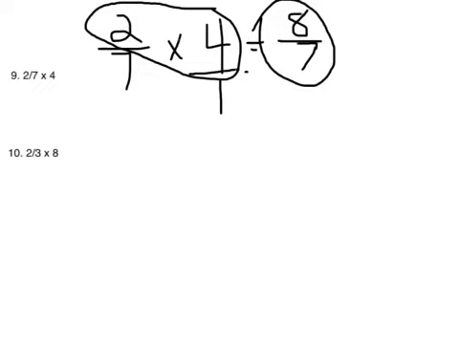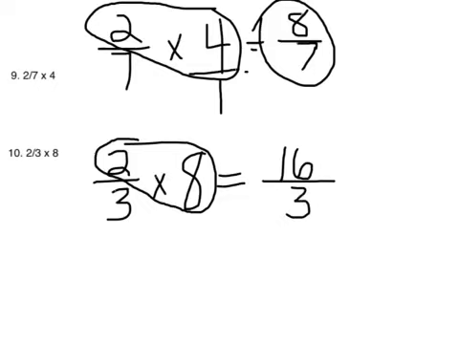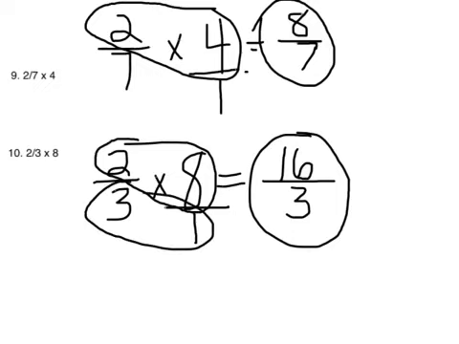Let's try the same strategy and see if it works for number 10. 2/3 times 8, or 2/3 of 8. Let's take that numerator, multiply by the whole number. We have 16, and then just bring that denominator 3 over, and there's your answer, 16/3. That also works. If we wrote that 1 underneath that whole number, we can see 3 times 1 does make 3.